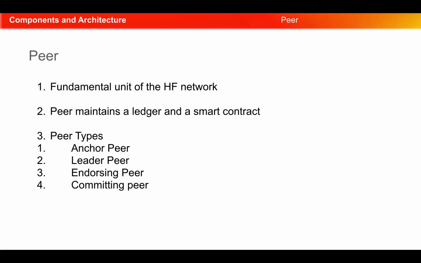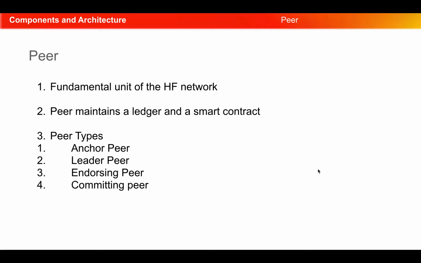Now let us look into what we mean by peer. As you can see from the slide, peer is a fundamental unit of Hyperledger Fabric network. Peer maintains a ledger and a smart contract. Adding to this, peers are fundamental elements of the network because they host instances of ledger and instances of chain code.